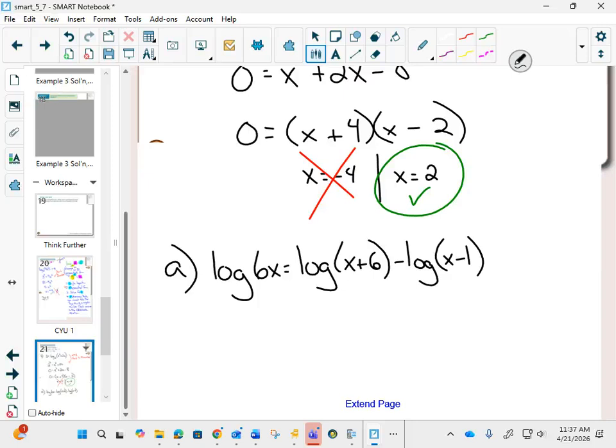Okay. Can you see on the right-hand side, you're subtracting? Do we have a log for that? Mr. Junior, I think it's supposed to be a plus after the x plus 6. Oh, thank you. Yeah. And there's supposed to be 2's, right? Oh, yeah. Oh, Mr. Barrett, you know what they're doing?